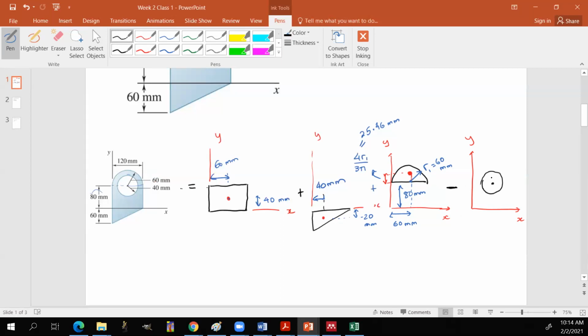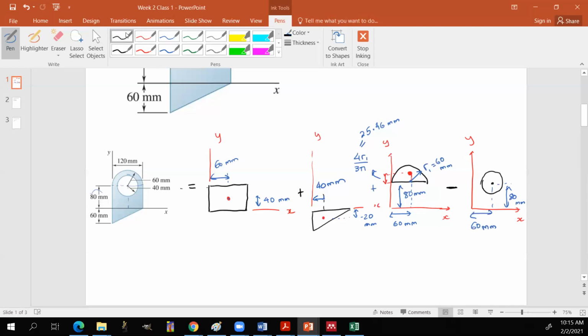That looks circular enough, right? We'll go with it. So what's the height there? That's 80. Right, and what's the distance there? That's just 120 over 2, which is equal to 60 millimeters. And what am I missing? I think I'm missing something.